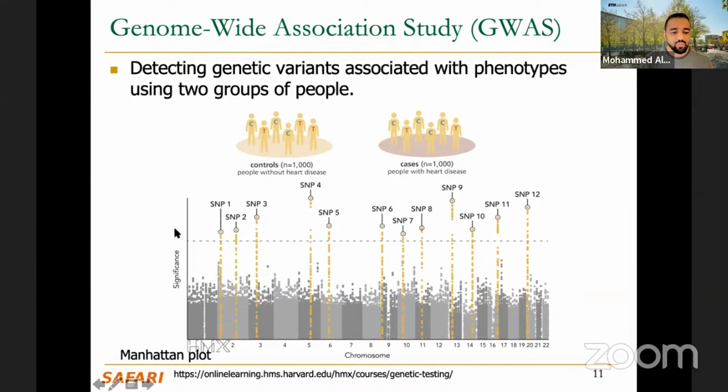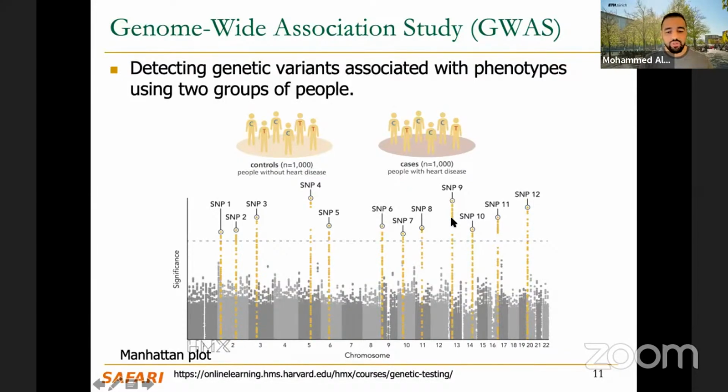In the y-axis, we have the significance, which is the negative log of the frequency. If the frequency of a certain SNP or genomic variation exceeds a threshold, which we set here with this dashed line, then we say this SNP is significant.